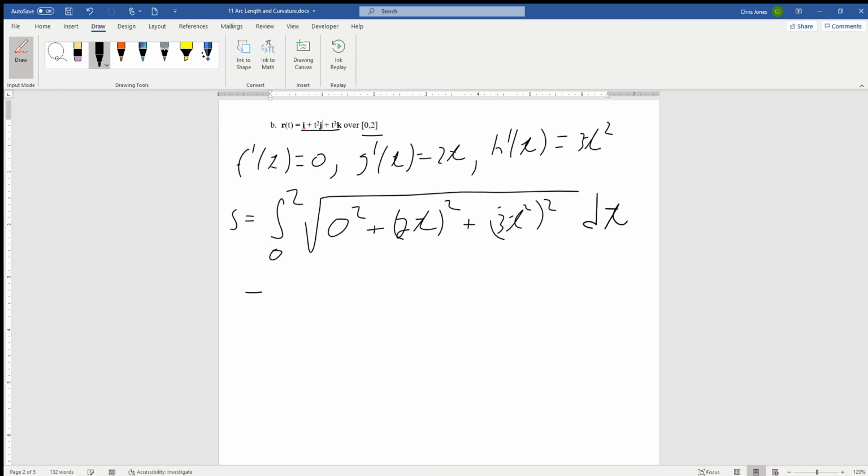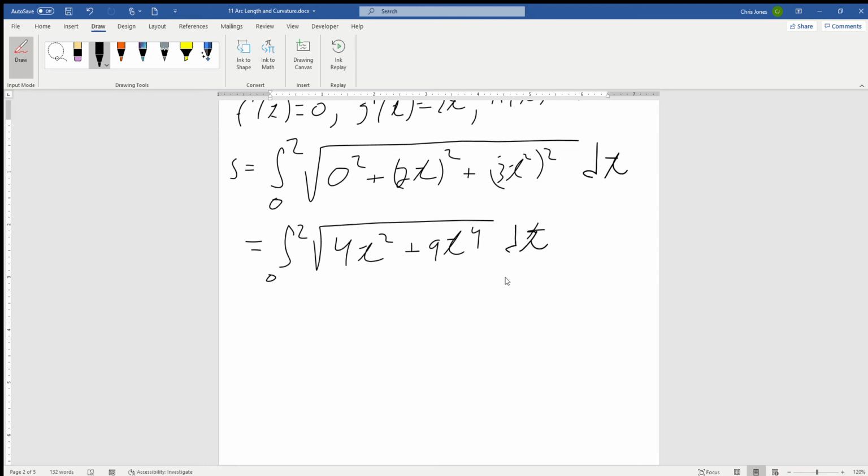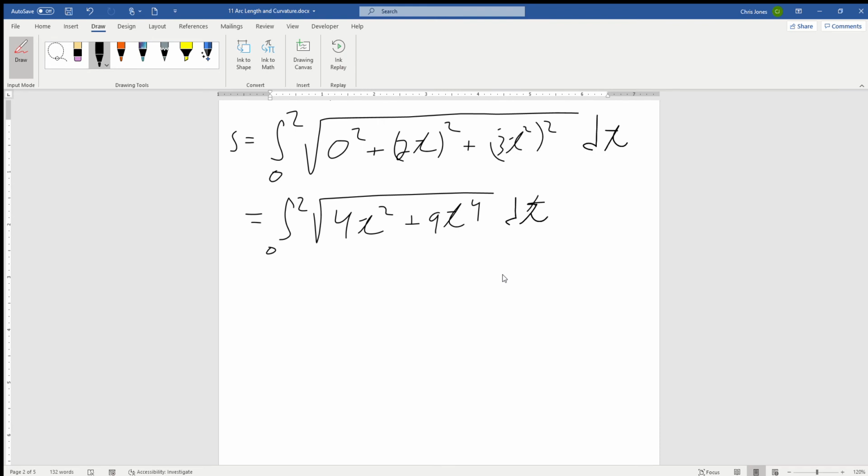If we compute, that winds up being the square root of 4t squared plus 9t to the 4th dt. Now we're faced with this antiderivative, and unfortunately it's not a nice one. There are a number of painful ways to try to compute this.